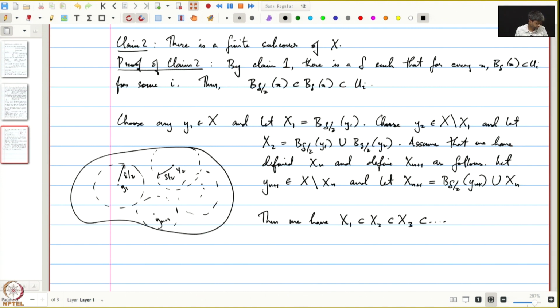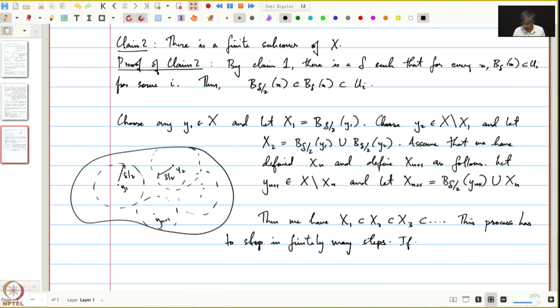So we claim that this process has to stop in finitely many steps. Okay. Why? What happens if it does not stop?